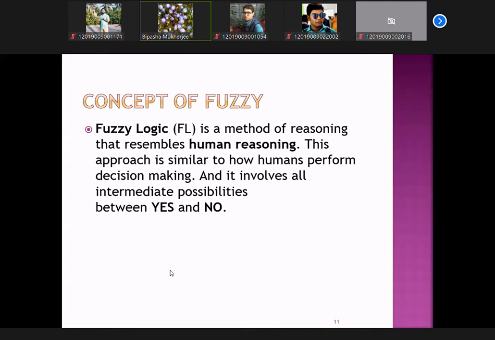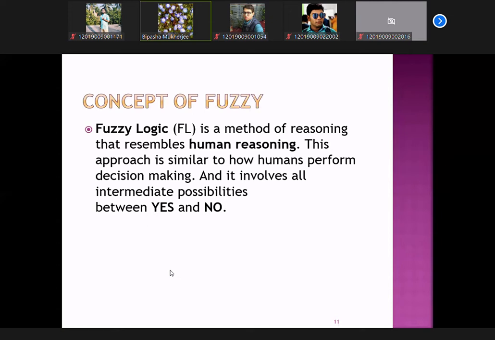Nothing can be decided as yes, or nothing can be said as no. It's between the possibilities. If for a particular situation someone cannot tell you whether yes or no, then where you are lying in between, that is your fuzzy state.